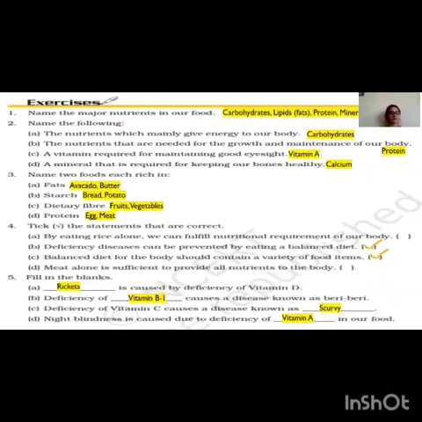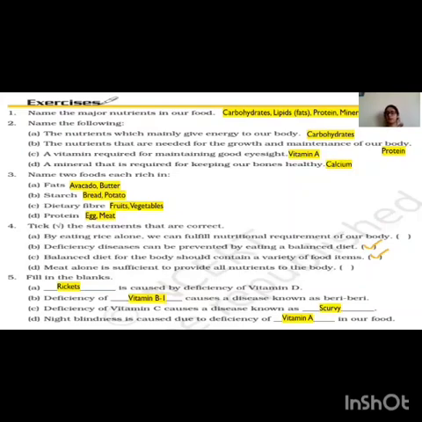Yeah. Now, take the statements that are correct. By eating rice alone, we can fulfill nutritional requirements for our body. Can we? No, we can't. Why? Because rice is carbohydrates. Yeah. Rice is not fats. Rice is not protein. Rice is not mineral. Rice is not vitamins.